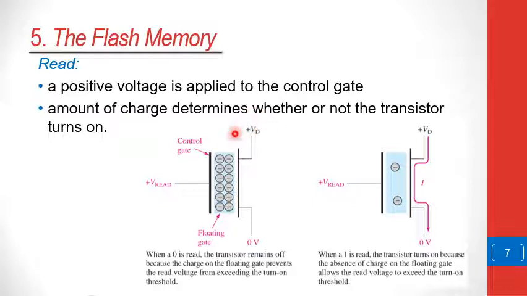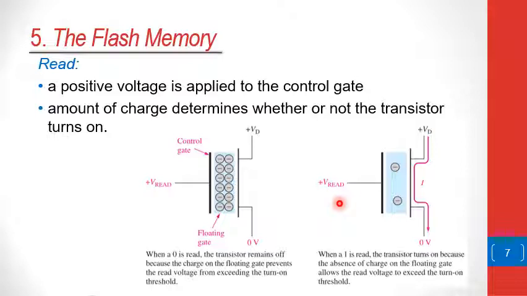Therefore, the voltage VDD, which is the reading voltage, is unable to turn on the transistor. In that case, the output of the transistor is read as 0. This will signify that the MOS transistor is stored as 0.